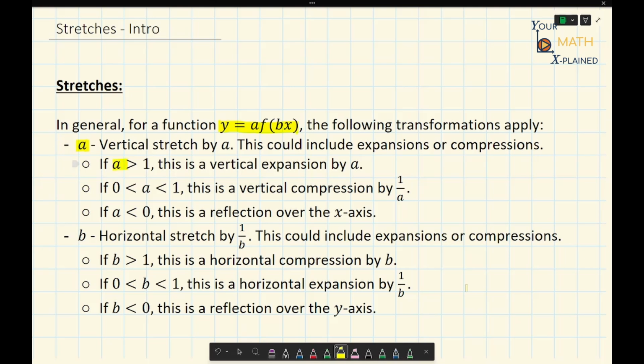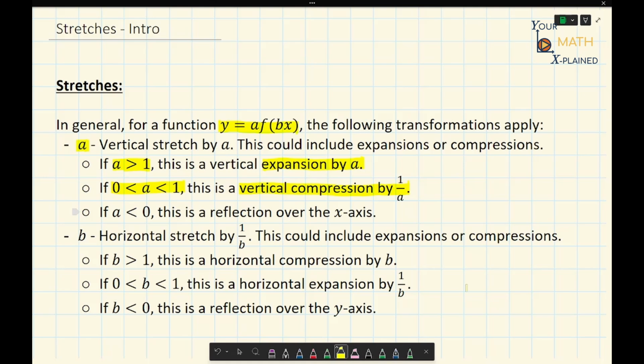So if a is greater than 1, then it's going to be an expansion by a factor of a. And if a is a value that is between 0 and 1, it is going to be a vertical compression by a factor of 1 over a. So meaning if a is 1/2, it is a vertical compression by a factor of 2.